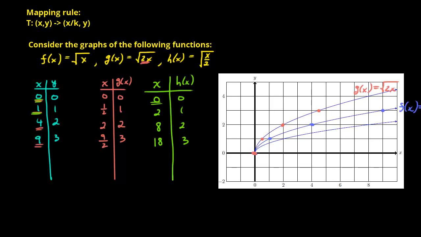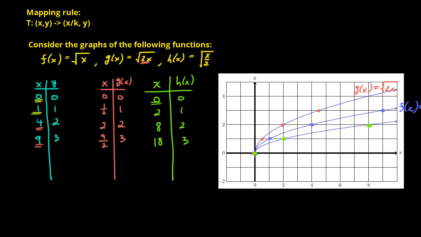So let's go ahead and plot all of the points in this table of values. We have 0, 0, 2, 1, 8, 2, and then we'd have 18, 3, which is actually outside the frame, so we can't graph that point based on how this grid is scaled. But you can still see what's happening.